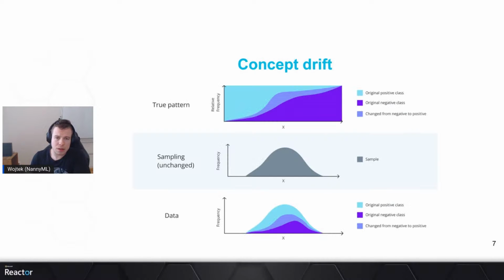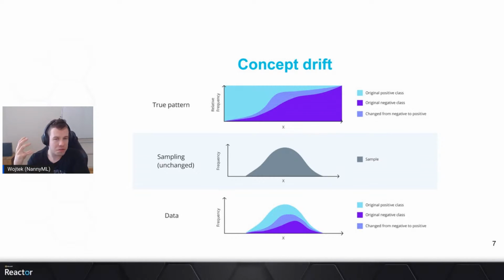Now, let's cover the second main reason why your model might fail in production, or where performance may deteriorate, and this is concept drift. In that case, what changes is the true pattern. If we have pure concept drift, the sampling will remain unchanged, and the true pattern changes.